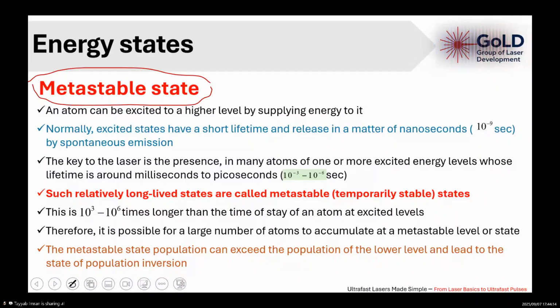Metastable state does not naturally exist actually. In the case of a laser material, we always use two materials in simple words, doping. That dopant causes this metastable state, which is very important for lasing. Maybe in the next slide you will see.